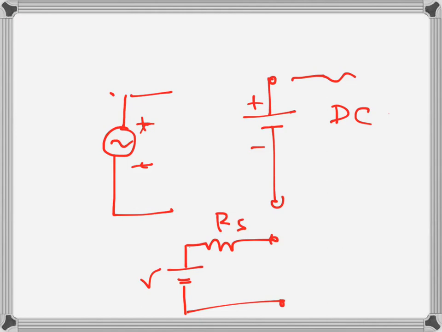Whatever is connected to it, it will maintain this constant voltage, let's say V here. And even if these two terminals are short circuited, the current will be defined by this RS, and the voltage here will still remain V. So that's what a voltage source is.